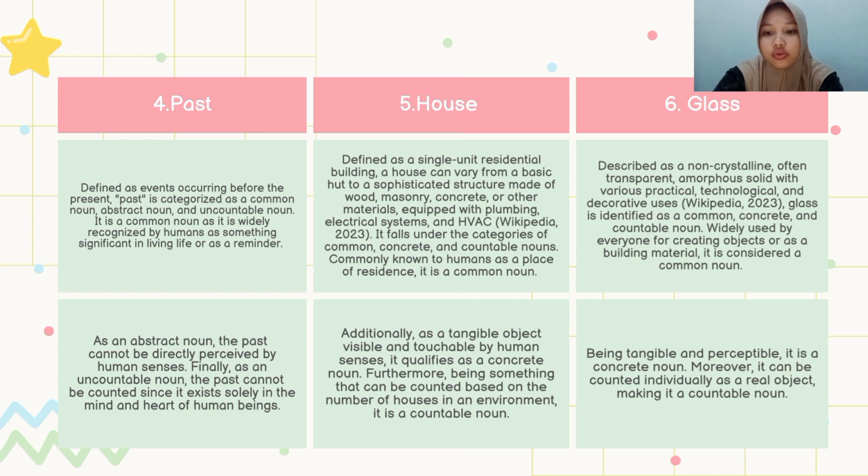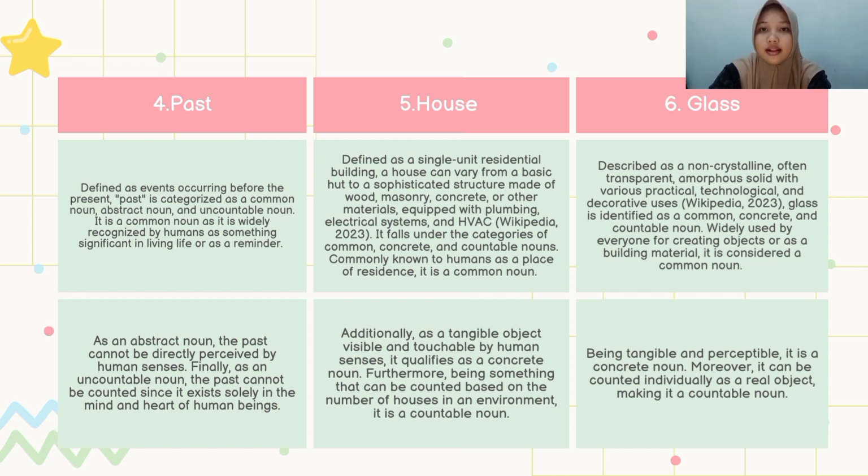Commonly known to humans as a place of residence, it is a common noun. Additionally, as a tangible object visible and touchable by human sense, it qualifies as a concrete noun.